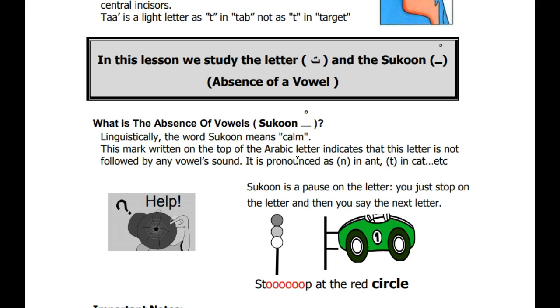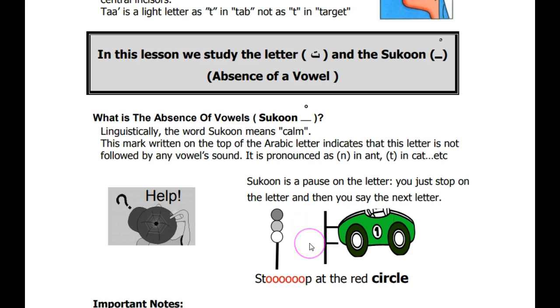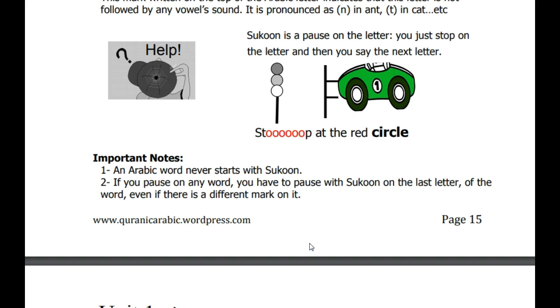So letters with sukun are always in the middle or at the end, never at the beginning. In English, we have it at the beginning, like stop and sports, but in Arabic, no. In Arabic, the first letter of the word will always have a vowel. An Arabic word never starts with sukun.